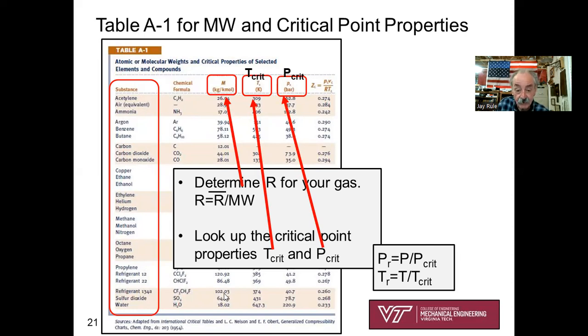So you'll write down the molecular weight of 102. That's the way you get R. Also, while you're there, you'll write down T critical and P critical, the critical temperature and the critical pressure. Then, on your paper, determine P sub R and T sub R: P over P critical, T over T critical.